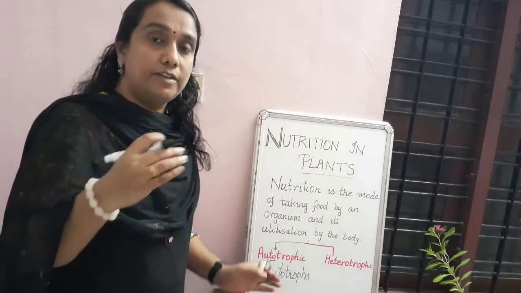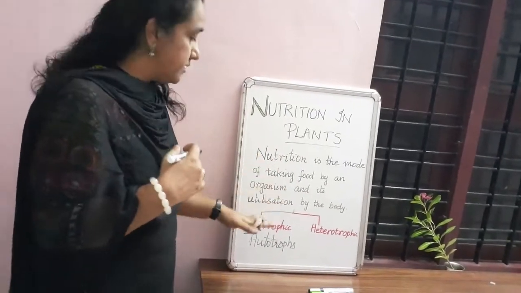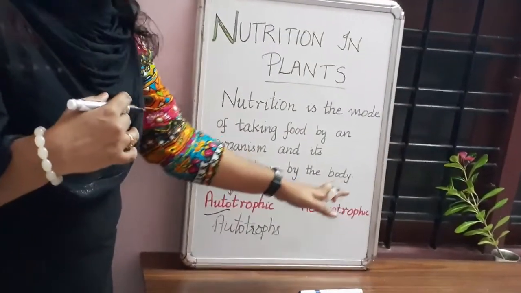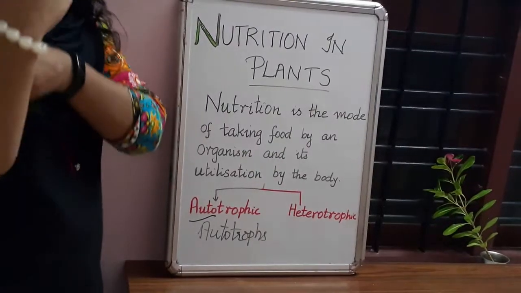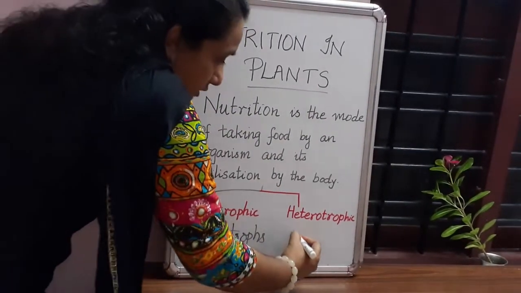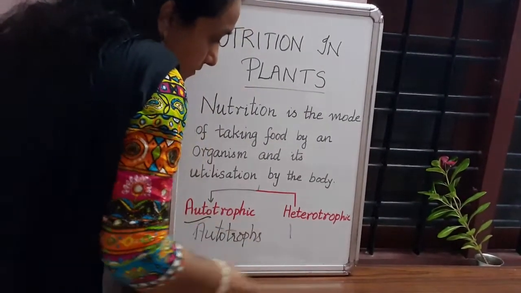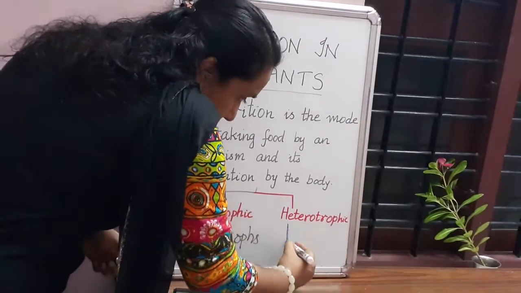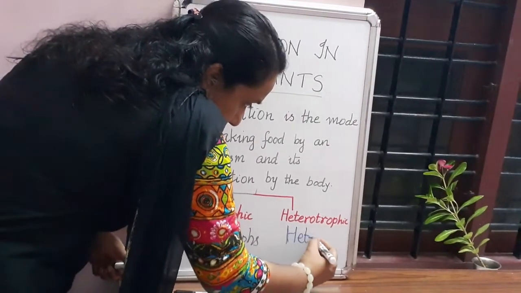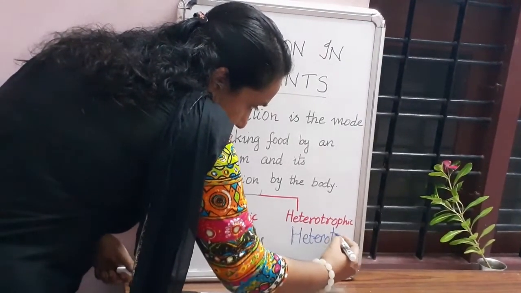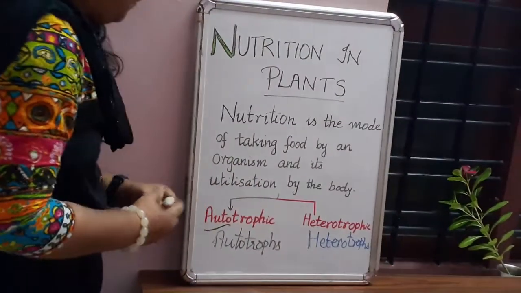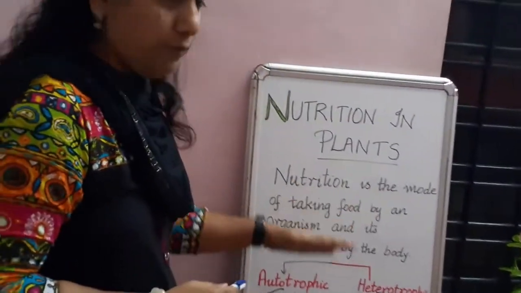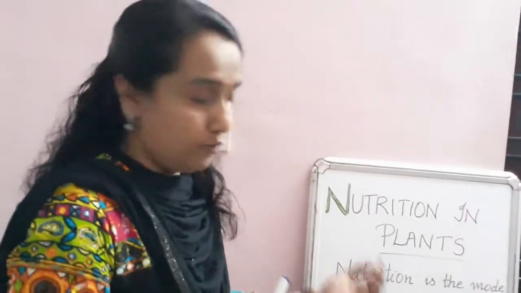An organism which depends on these autotrophs is known as a heterotroph, and that type of nutrition is known as heterotrophic nutrition. So depending on the mode of nutrition, organisms are divided into two: autotrophs and heterotrophs.